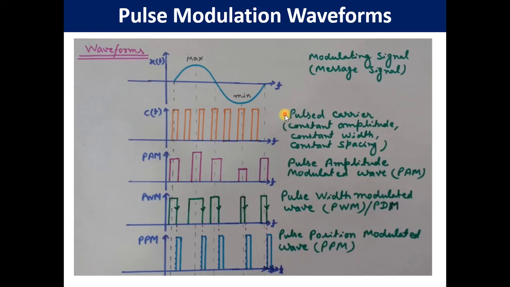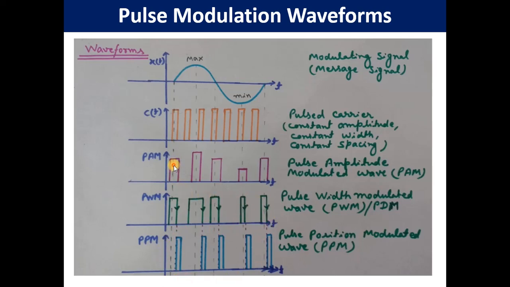Whereas a train of rectangular pulses is required, which is indicated by the carrier c(t). After performing the operation on the master signal and the carrier signal, we will be able to generate pulse amplitude modulation, pulse position modulation and pulse width modulation.